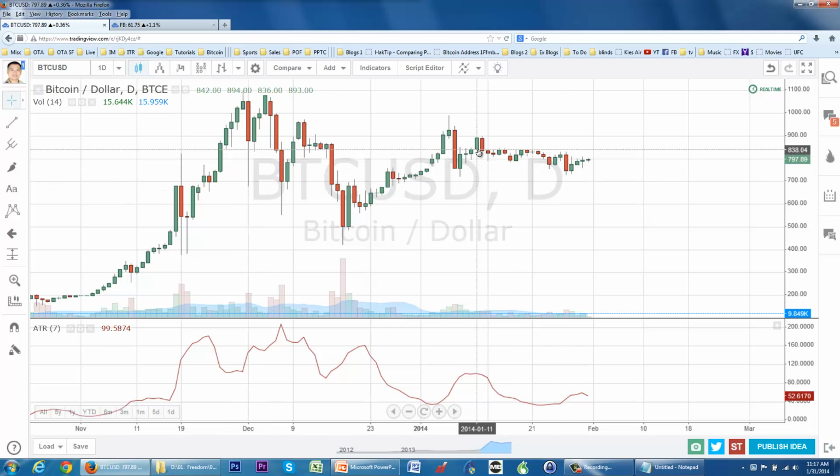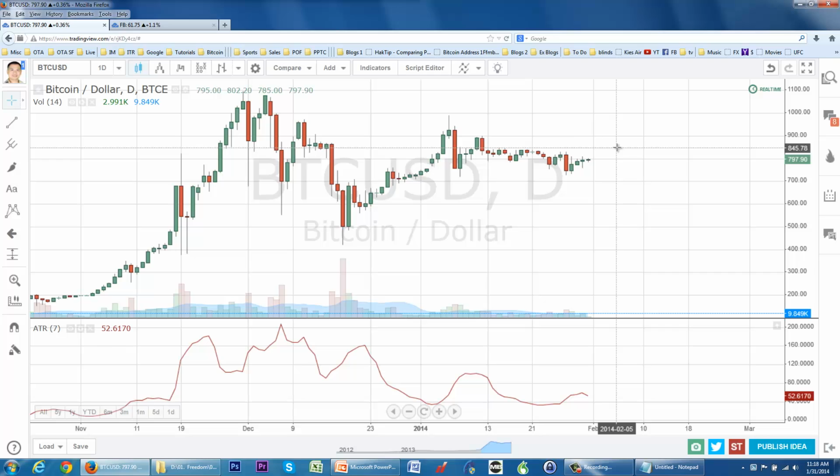Okay, so we can see that through the shape and the size of the candles, but it's a lot faster if you just look down here and see that Bitcoin had around $150 to $200 price range each day, and now it's down to $34 to $60. Okay, so that's how you measure the volatility. Now, if price was to jump up to like $100 or $200 per candle again within the next few weeks or few months, then we would know that Bitcoin is becoming very volatile right now.